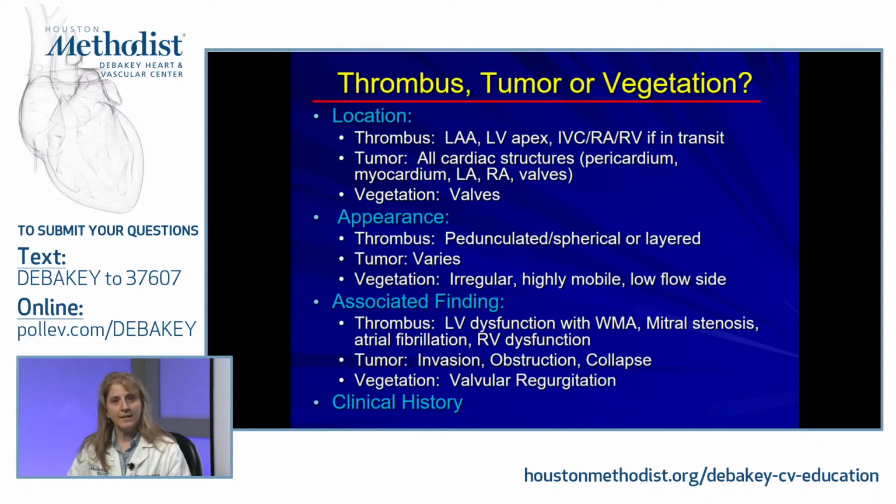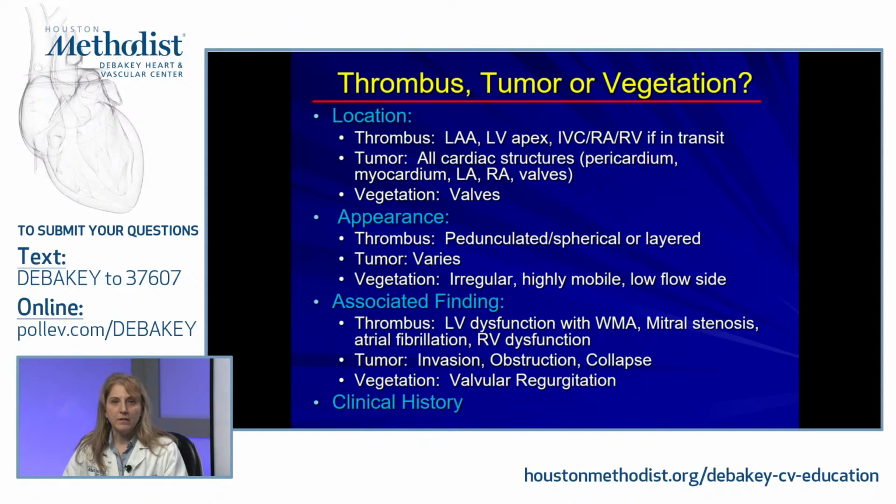The associated findings for a thrombus, you're looking for regional wall motion abnormalities and LV dysfunction. So for thrombi, you're always looking for a reason for a low flow state to allow that thrombus to form in the first place. So if it's in the left atrium, you're looking for mitral stenosis or atrial fibrillation.